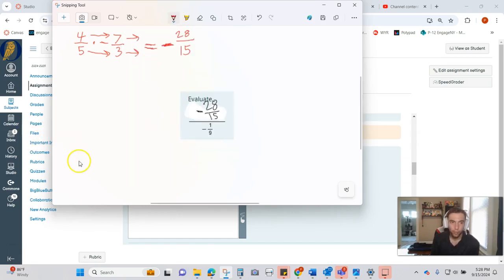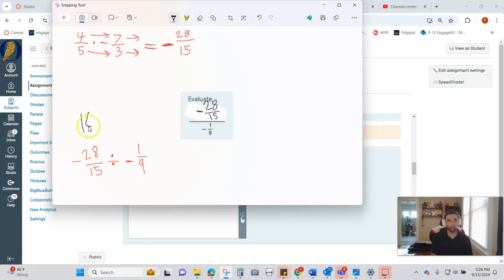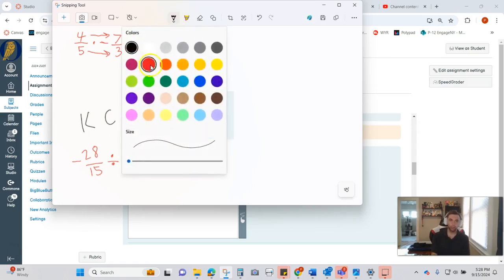So now we have the question, -28 15ths divided by -1 9th. When we divide, we can divide fractions by using the rule keep, change, flip to turn this dividing fractions question into a multiplying fractions question.